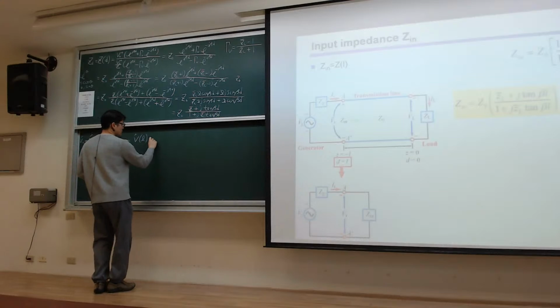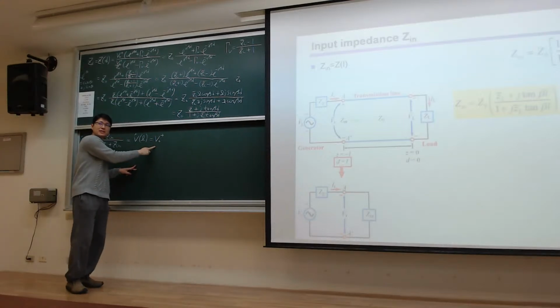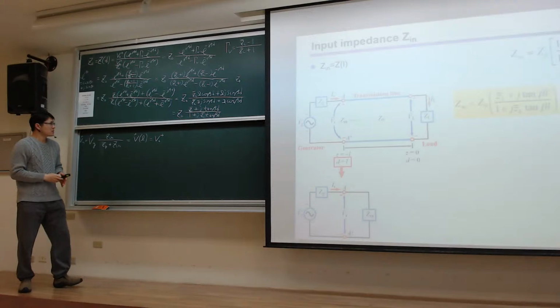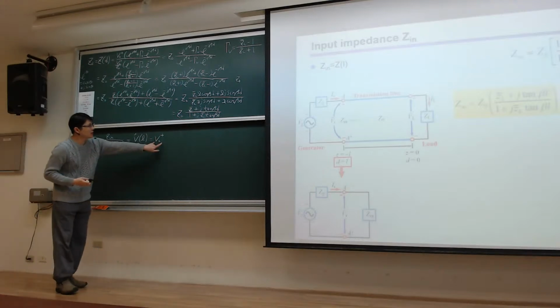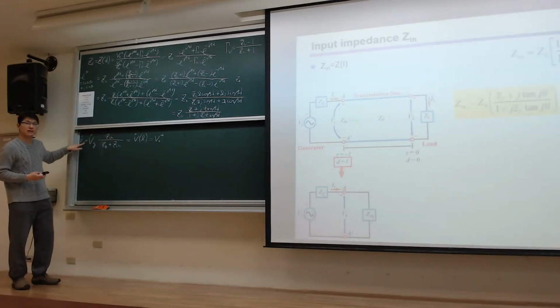So this is equal to V0 plus. Finally, this is the only last parameter we want to solve, right? V0 plus. So somehow I can relate this unknown variable, the very last unknown, to everything I already know.